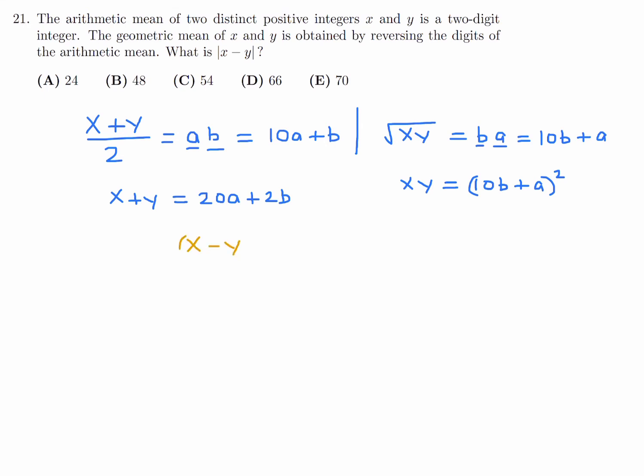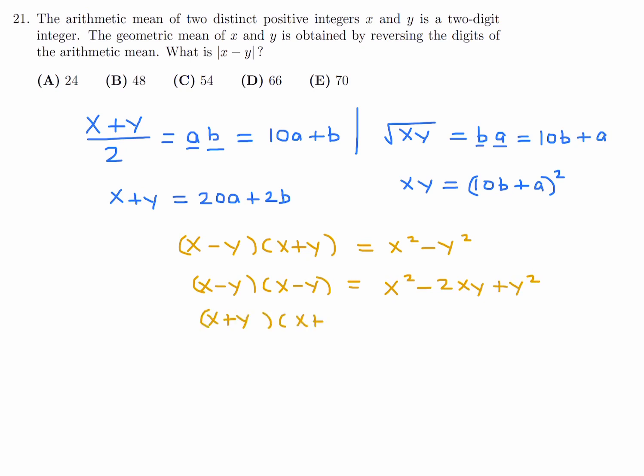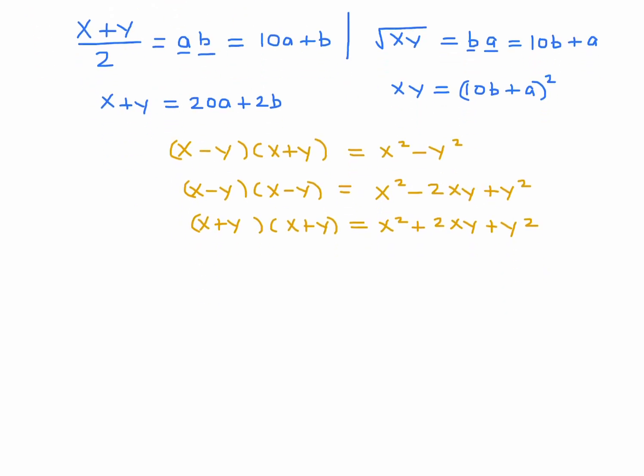If you have, for example, x minus y times x plus y, and you expand that, that becomes x squared minus y squared. If you have x minus y times x minus y, if you expand that, it becomes x squared minus 2xy plus y squared. And if you have x plus y times x plus y, then expanding that, you get x squared plus 2xy plus y squared. So of these, the one I need is the one that has x minus y in it.